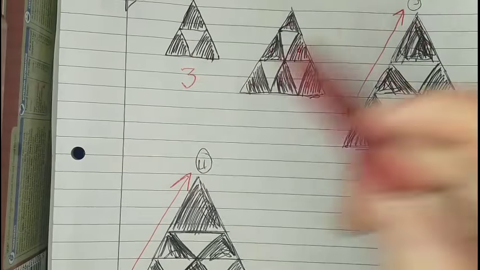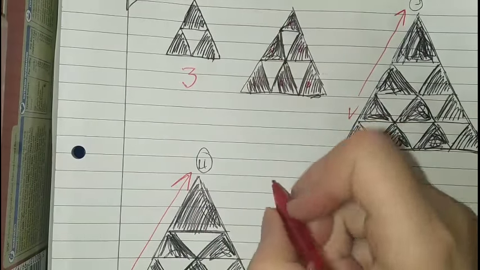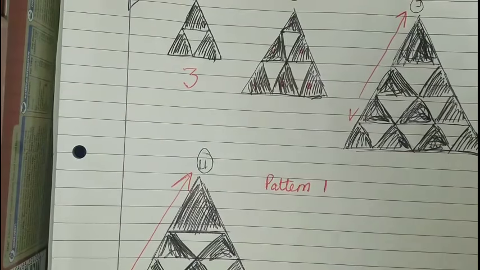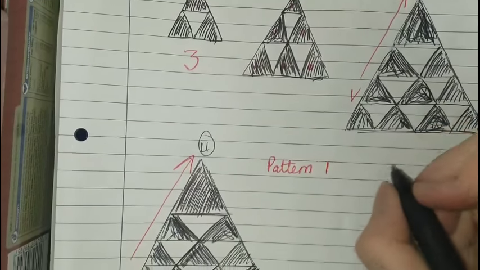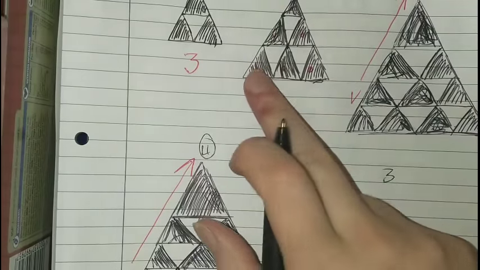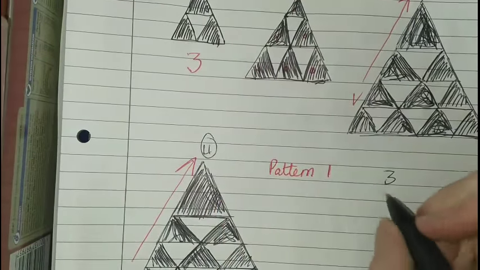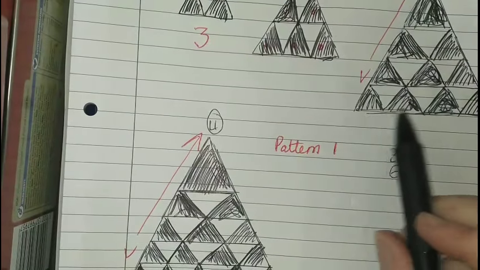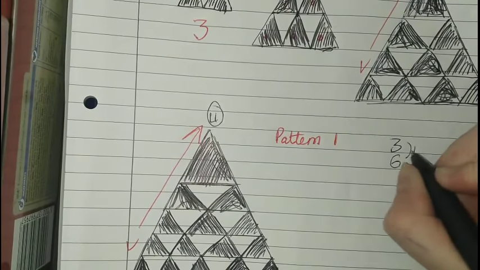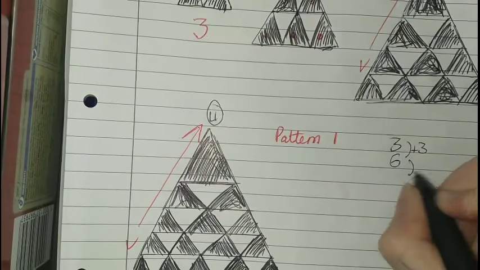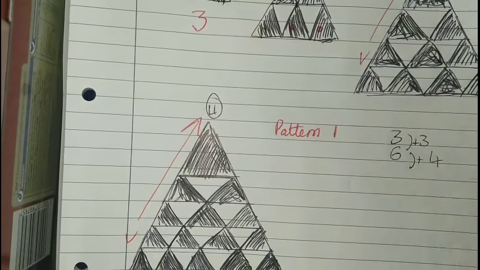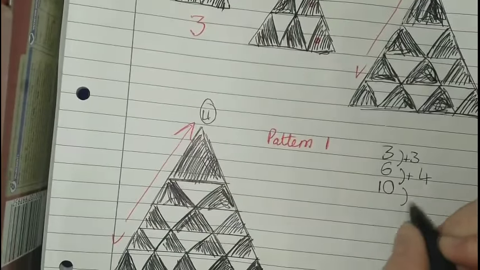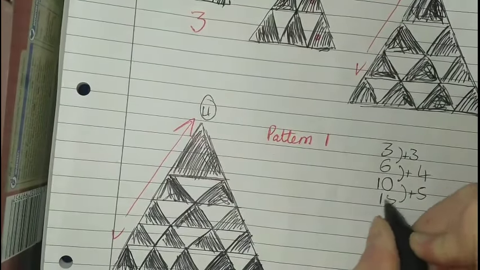So if we look at pattern number 1, we have 3 black, and then we're adding on an extra row of 3, so we're adding on 3 and getting 6 altogether. Then the next one, we're adding on an extra row, so it's plus 4 black triangles to get to this one, so we get 10. Then to get to this one, we're adding on plus 5 black triangles, so we get 15.